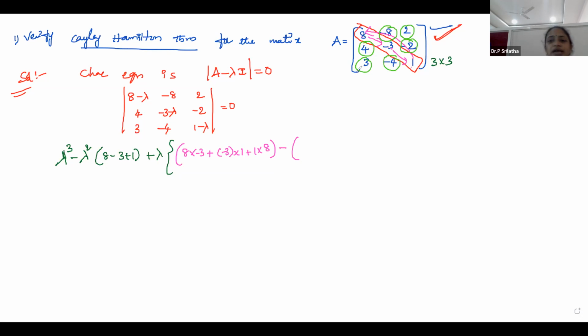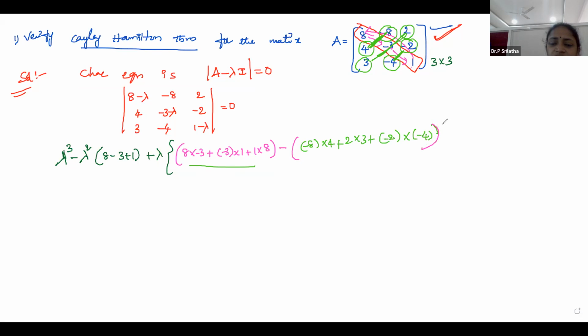So we need to multiply minus 8 into 4, plus 2 into 3, plus minus 2 into minus 4. Isn't it?